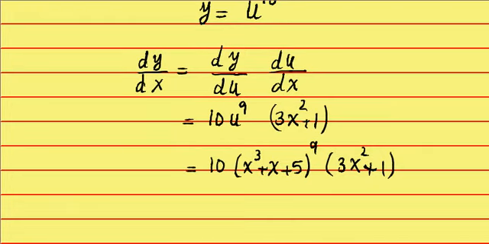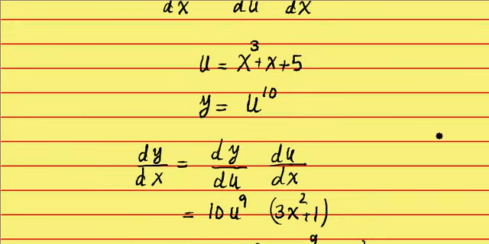Now, let's go ahead and take a second look at it. This u, if you want to get rid of the middleman here, you would write it as y is equal to, instead of u, you write all of that. It's (x cubed plus x plus 5) to the power of 10. This component of y, we were referring to as the inner function.